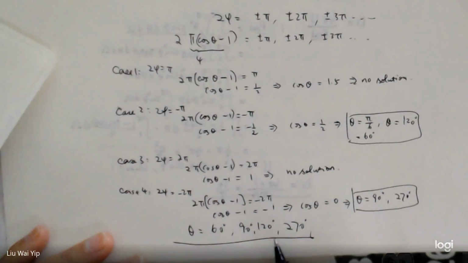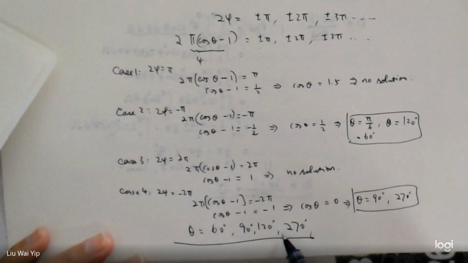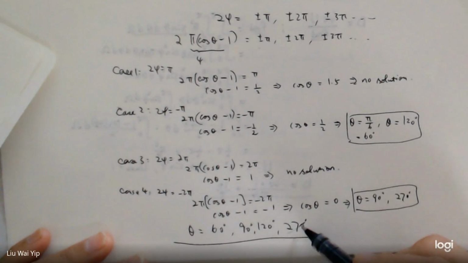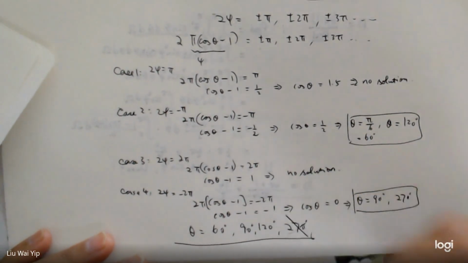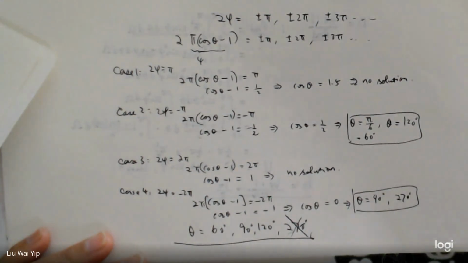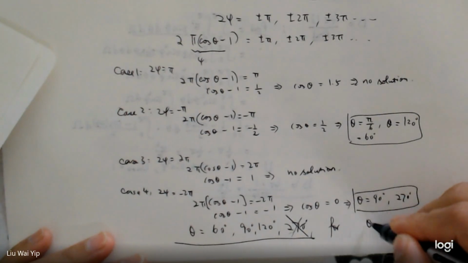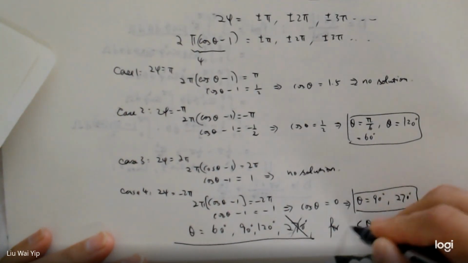Depending on the range, if the question allows you to extend the value of theta from 0 to 360 degrees, then this one will be included. Otherwise, this one should be discarded because normally theta should be from 0 to pi.